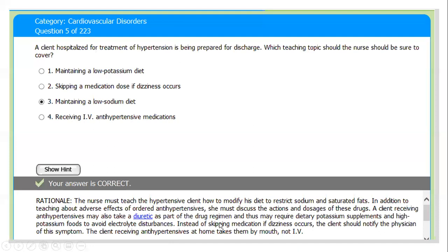Instead of skipping medication if dizziness occurs, the client should notify the physician of these symptoms. The client receiving antihypertensives at home takes them by mouth, not IV.